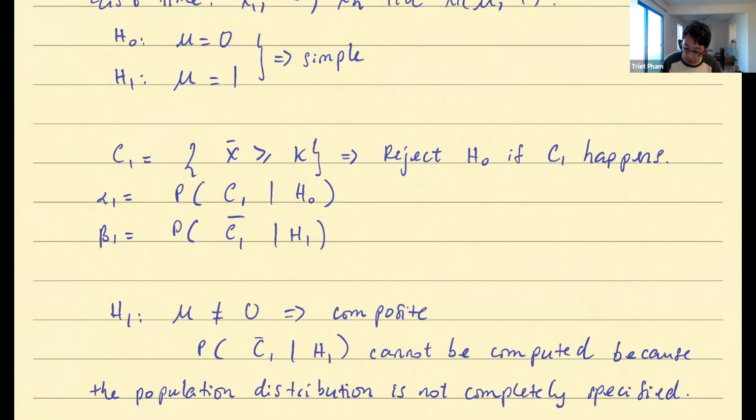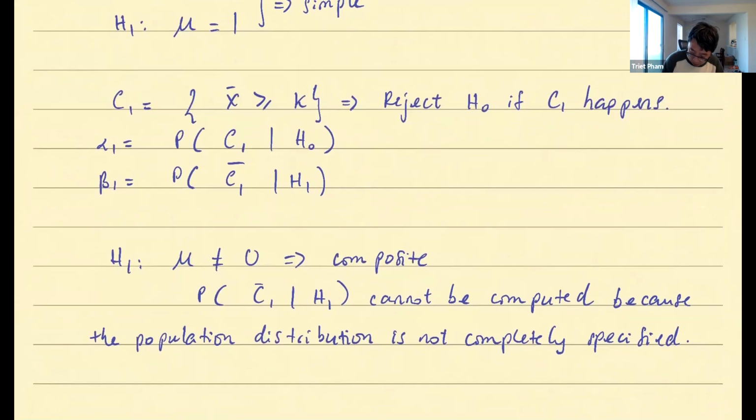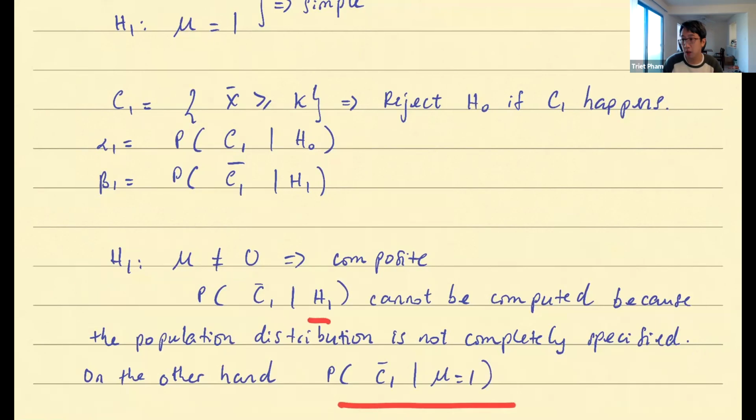This doesn't mean, though, that we cannot do anything about composite hypotheses. For example, if we have more information, computing this, because our alternative is mu not equal to 0, is still part of the alternative hypothesis.